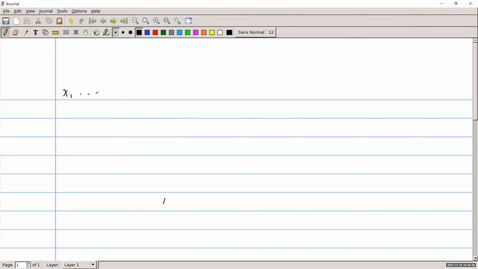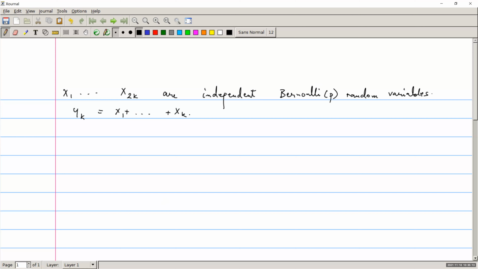So we said x1 through x2k were independent Bernoulli p random variables. Now we define Yk, the binomial random variable X1 through Xk.